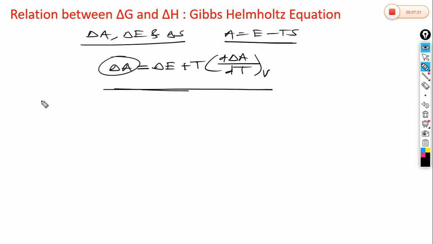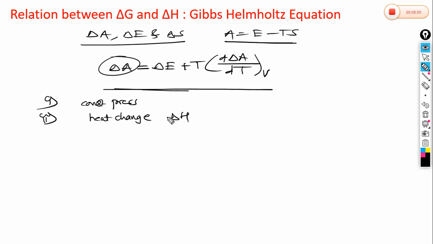So what are the applications of this? One application is that it has general applicability to physical as well as chemical changes occurring at constant pressure. Second, it can be used to calculate the heat change, that is delta H, provided the values of free energy change at two different temperatures are known.